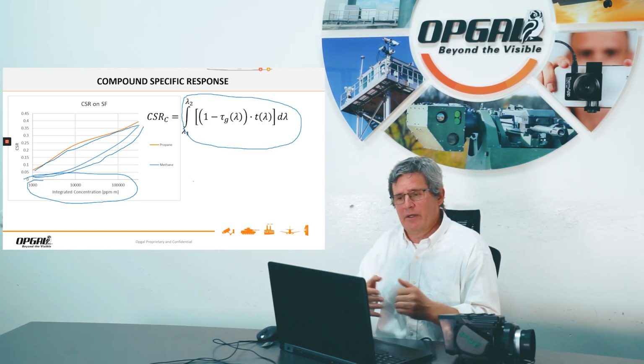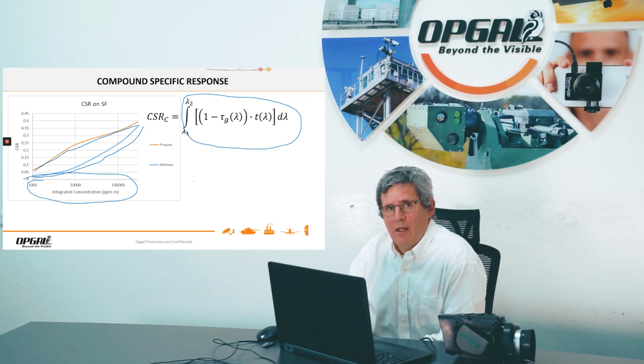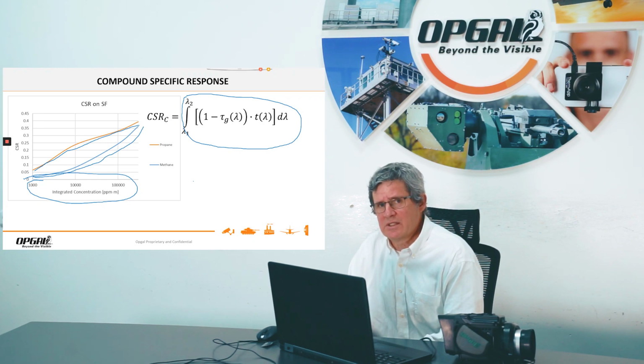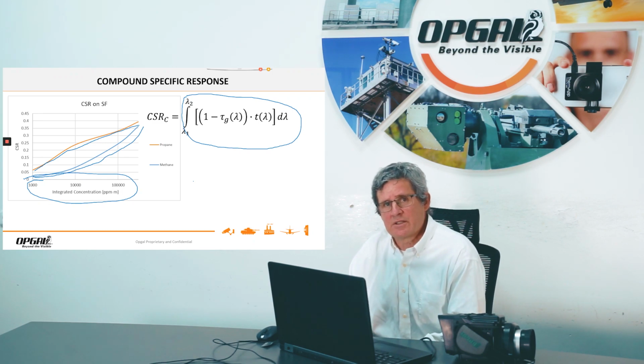So we can separate it and derive this equation, explain the contrast that we see on the camera in the presence of gas, and also use all of these equations to later on derive the actual concentration of these gases, quantify the concentration, and even quantify the mass flow of the gas leak.